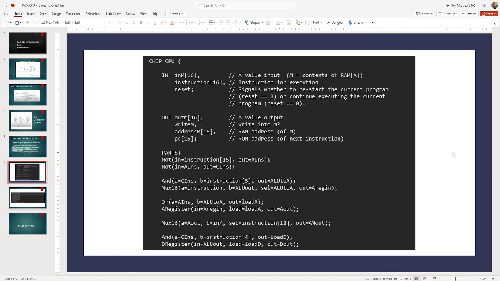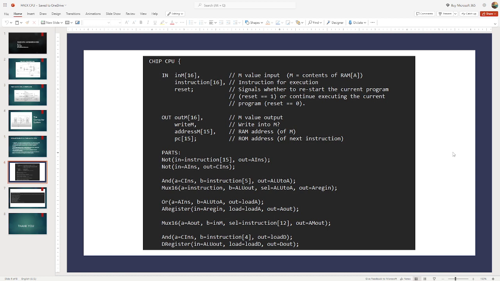This is the HDL code of the CPU that was provided in the task resources. It consists of the chip name and the names of its input and output pins. Since we are implementing the CPU chip, the chip name that we are going to write for this code is CPU, as shown in the code.